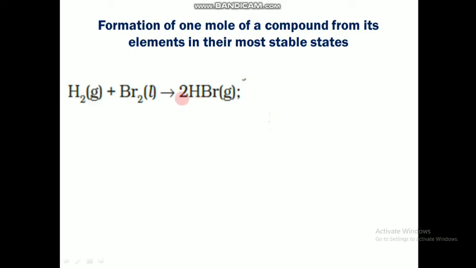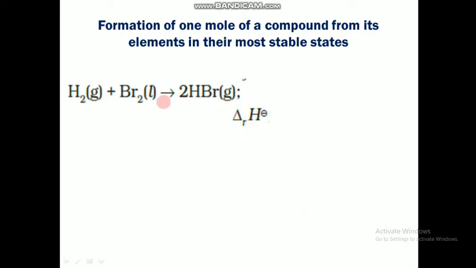But the problem is that the formation is for 2 moles of HBr, and it will show enthalpy of formation only when 1 mole of compound is formed. So we cannot tell the enthalpy of formation for this reaction, we can only tell the enthalpy of reaction.